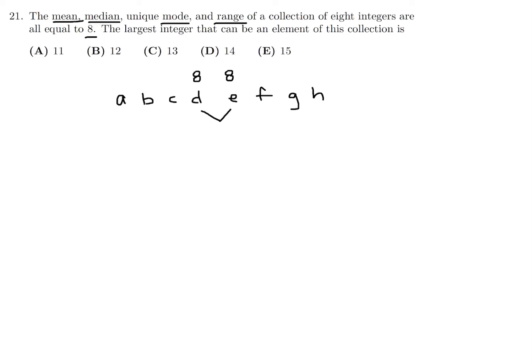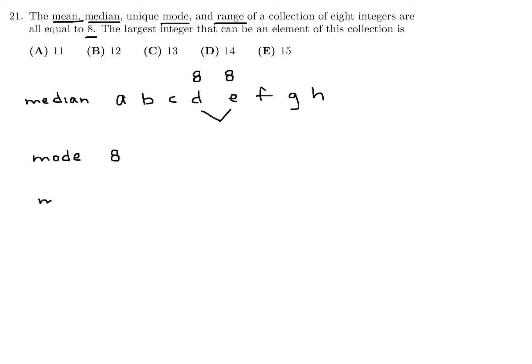So that takes care of the median. Now let's take a look at the mode. Well, the mode is also 8, but we don't know how many 8s there are. There's obviously at least 2. And therefore, we don't know how many, so the only thing we can do is just list it as 8.